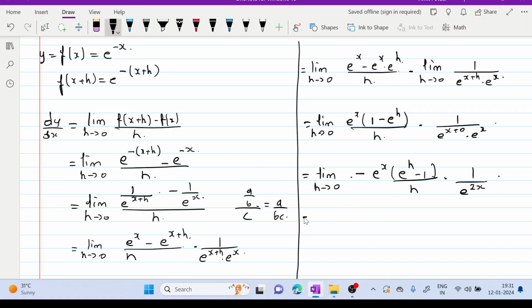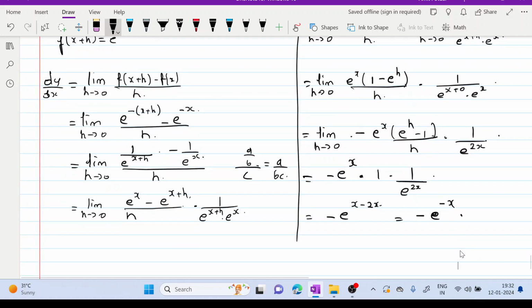Right. So now take its limit. This becomes minus e^x times 1 times 1 upon e^(2x). If I use the law of indices, this becomes x minus 2x, which is minus e^(-x). Okay, so that's the answer.